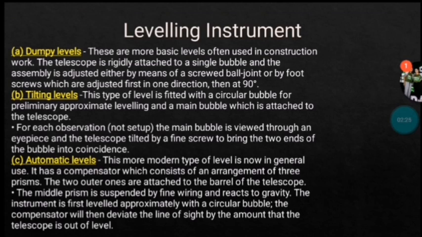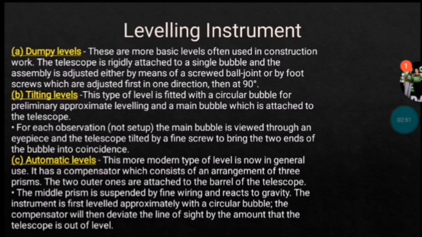Dumpy levels. A more basic level often used in construction work. The telescope is rigidly attached to a single bubble and the assembly is adjusted either by means of a ball and socket joint or by foot screws, which are adjusted first in one direction and then at 90 degrees. B is tilting levels.